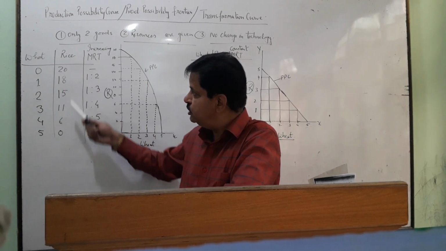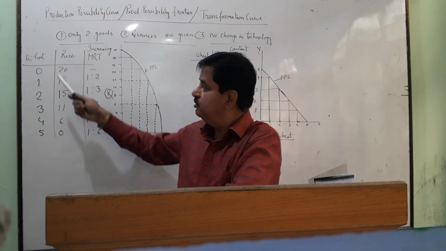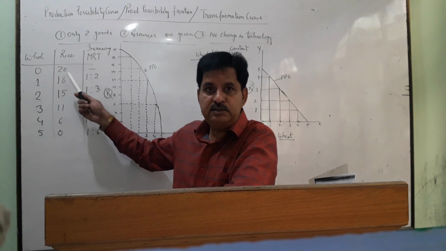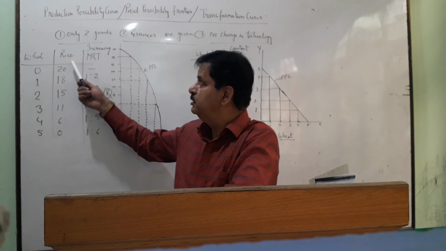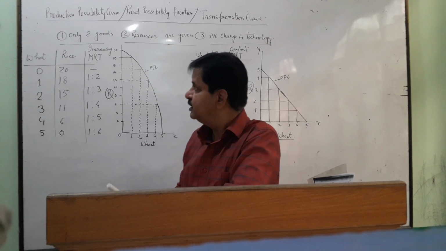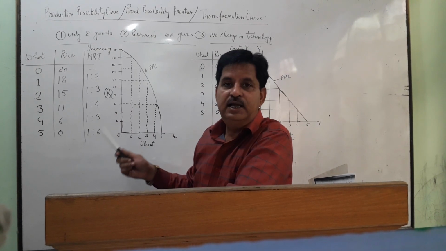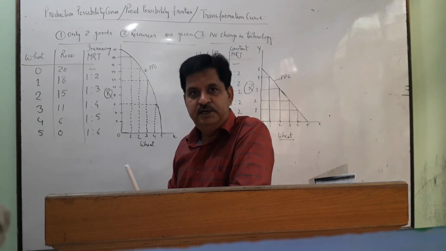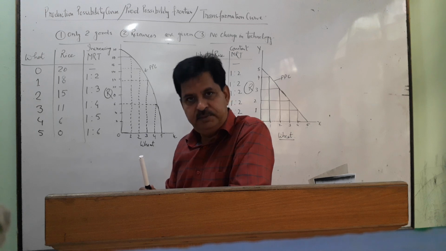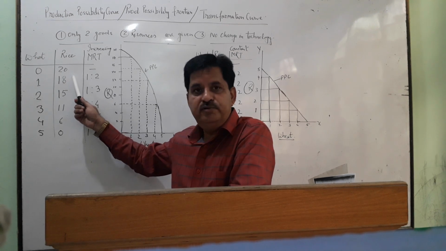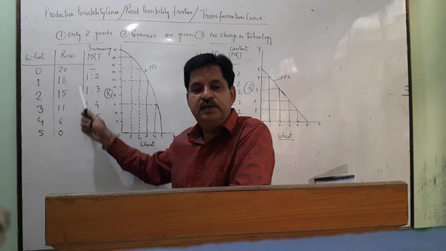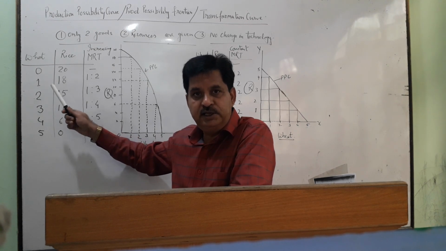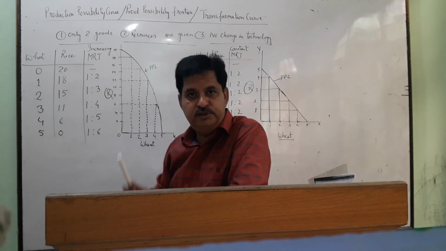So every time we increase wheat by 1 quintal, the rate of sacrificing rice is increasing. This is called MRT, the marginal rate of transformation. Marginal rate of transformation means the amount of a good which we have to sacrifice in order to increase one marginal unit of another good.